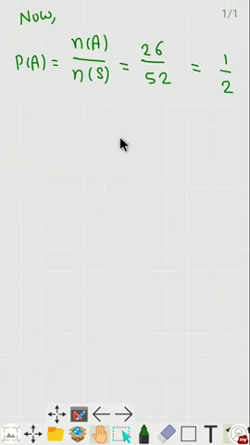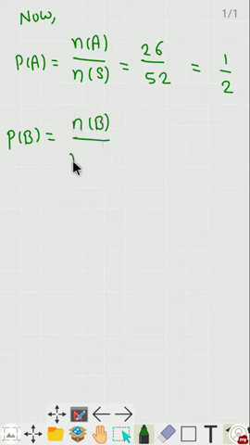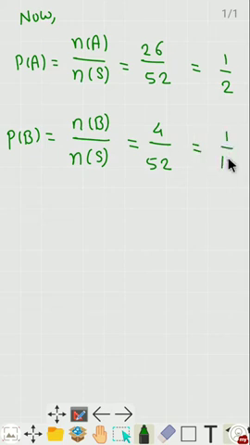Now find the probability of event B. Probability of event B is n of B divided by n of S, which is 4 divided by 52, and it is equal to 1/13.